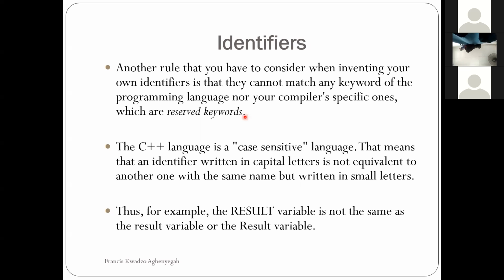One thing you must also note is that C++ language is a case-sensitive language. Case-sensitive here means that identifiers that you write in capital letters is not the same as the one that you write in small letters. So, for example, result. You see this variable here, result. You see this is capital letters. It's different from this one here, result.